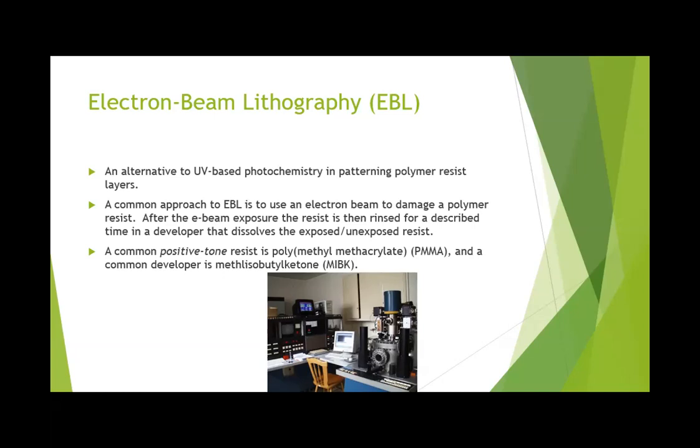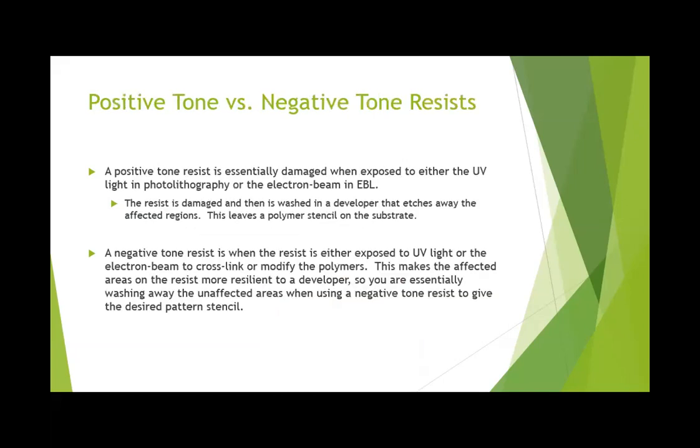And there you go, you're able to pattern very small and usually very precise patterns on different sorts of substrates. A common positive tone resist, which I'll talk about in just a minute, is polymethyl methacrylate, PMMA, and a common developer is methyl isobutyl ketone. That's just so you know, some cool names.